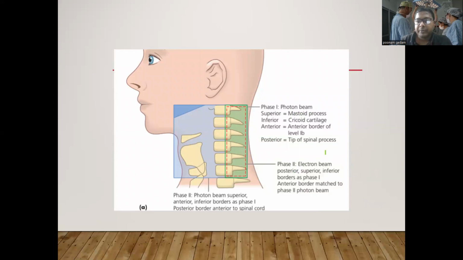So phase 1 is proton beam, phase 2 is electron beam, phase 3 is proton beam superior.